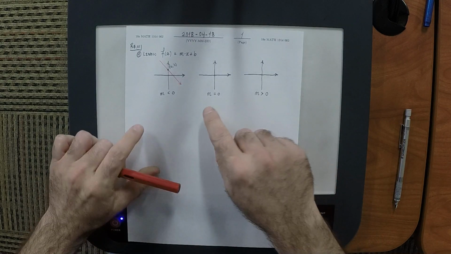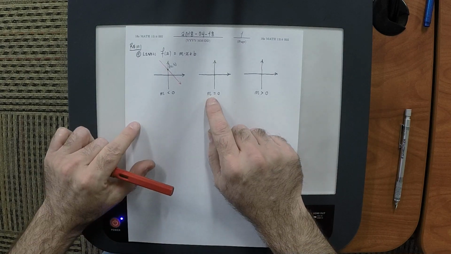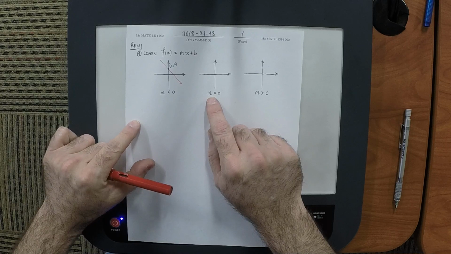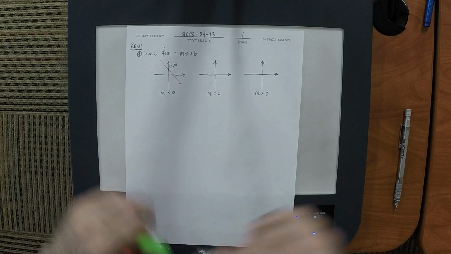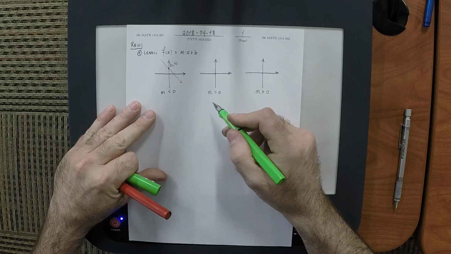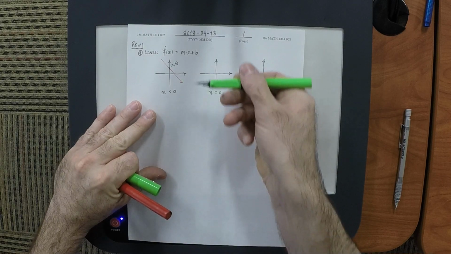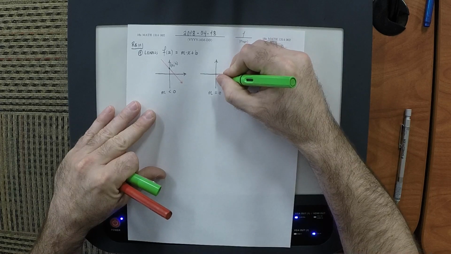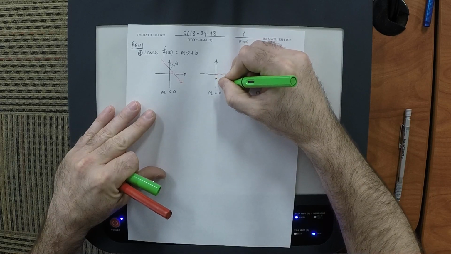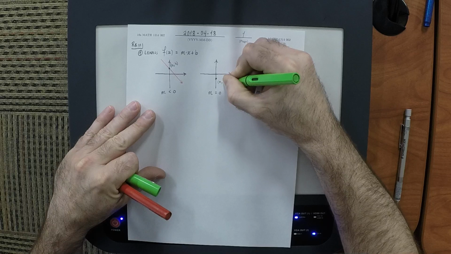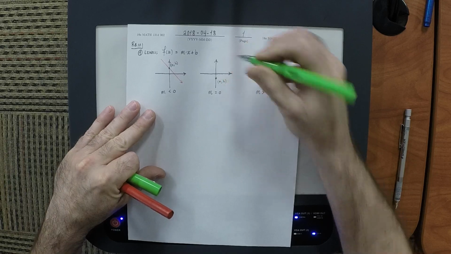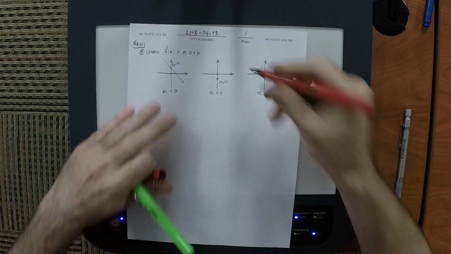What would a line look like if m is 0? It would be horizontal. What value would it be at? Yeah, it would be at b. So here's 0, b, and the line would look something like this.